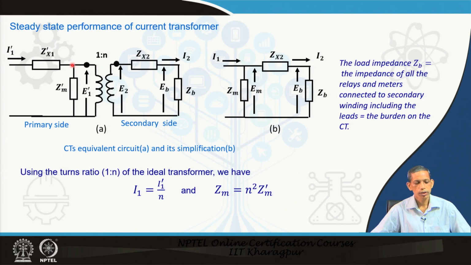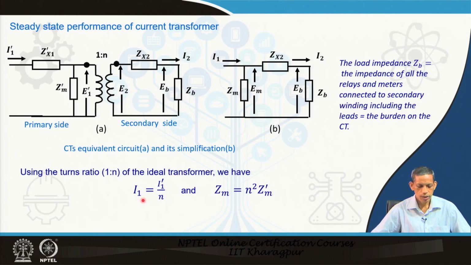So, that does not create any problem and has no influence on I1. Our objective here is how I2 can faithfully reproduce I1. Here this I1 is already referred to the secondary side.